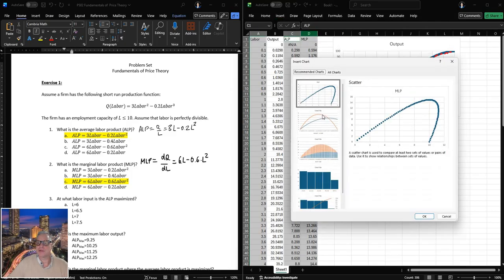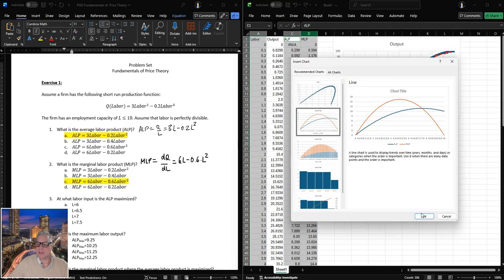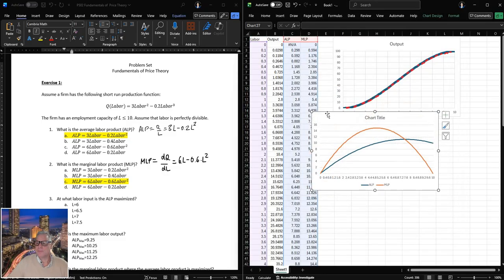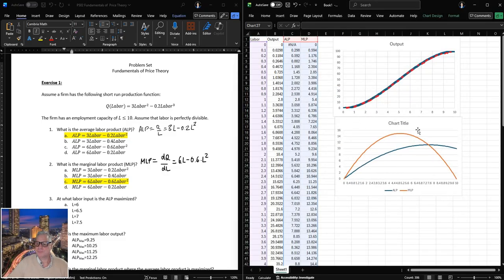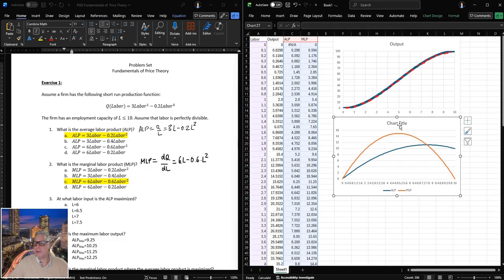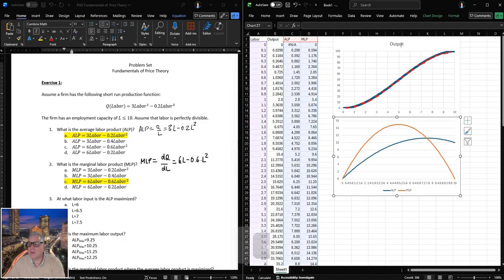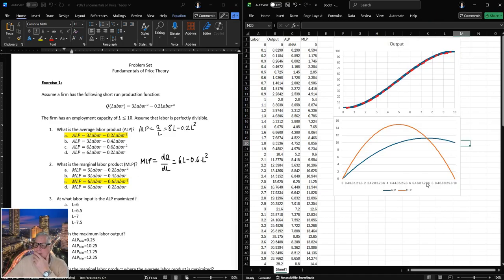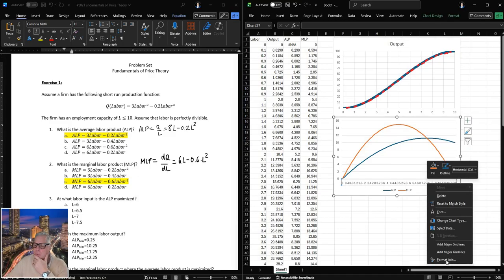Insert recommended charts, and we take this one. Yeah, that looks pretty familiar, what we have seen in the previous video. Let's also format that a little bit nicer, just like the other one.